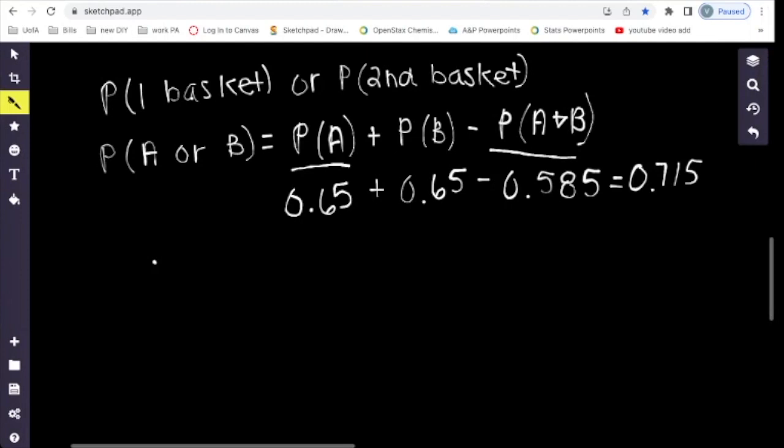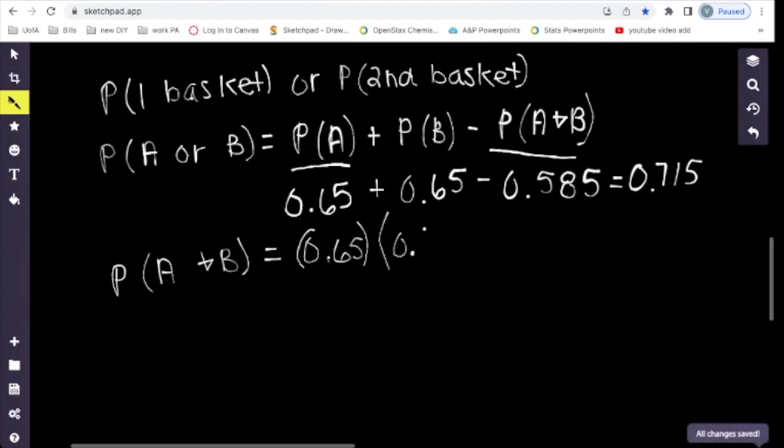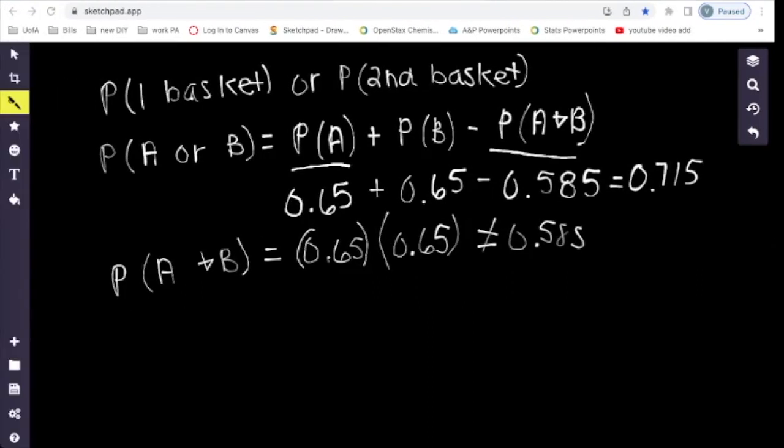To see if it's independent, is the probability of A and B the same as 0.65, which was the probability of A, times 0.65? No, it was not equal to our 0.585.